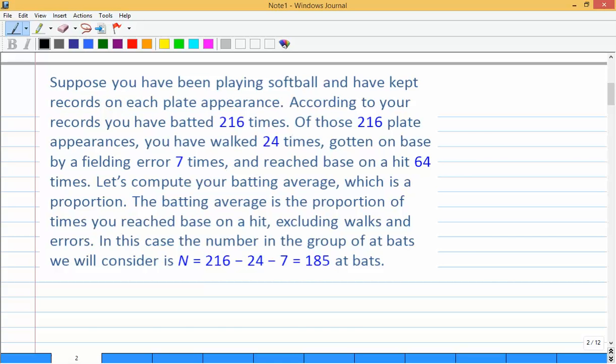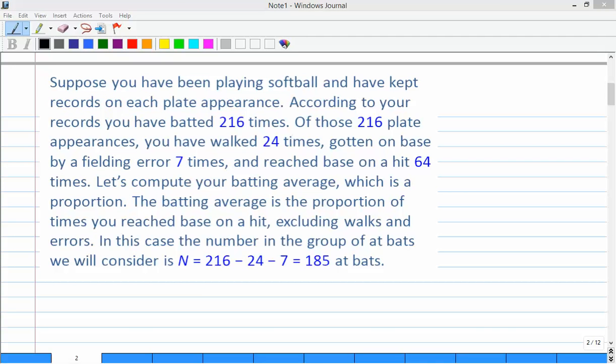Let's compute your batting average, which is a proportion. The batting average is the proportion of times you reached base on a hit, excluding walks and errors. In this case, the number in the group of at-bats we will consider is 216 minus the walks, minus the errors, so you have 185 at-bats.